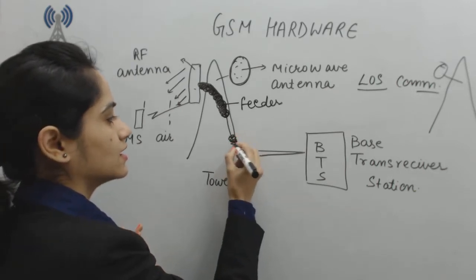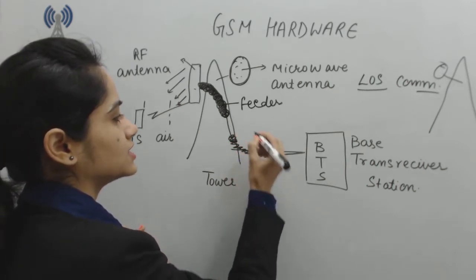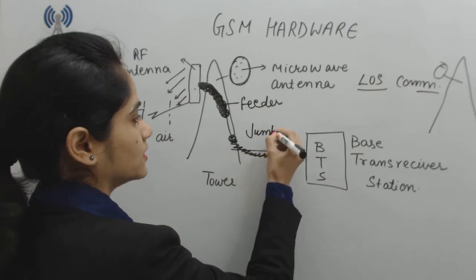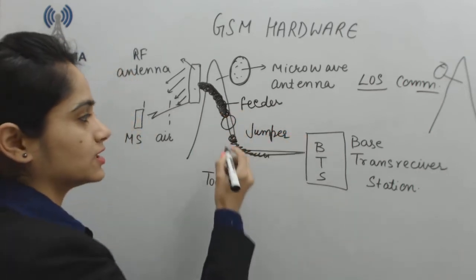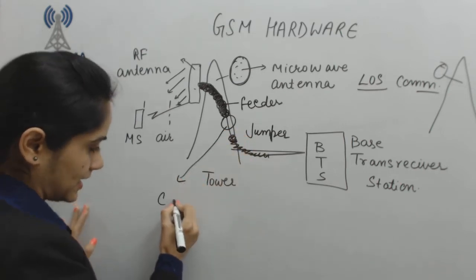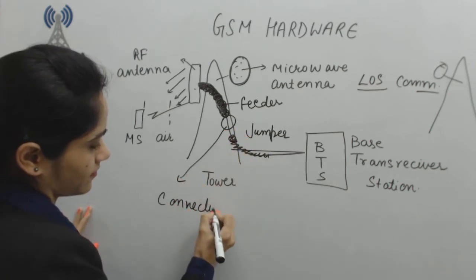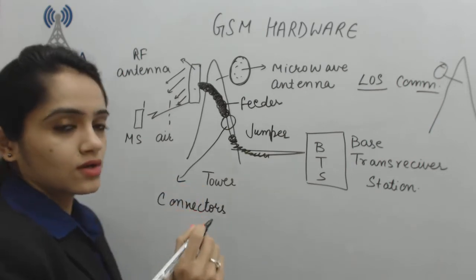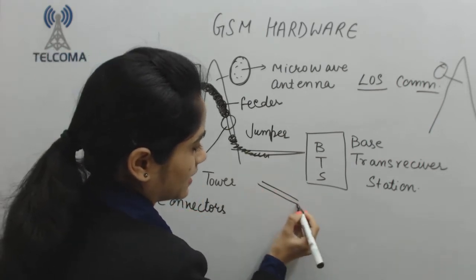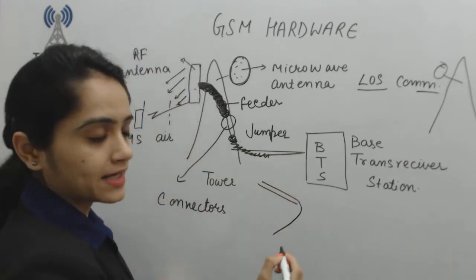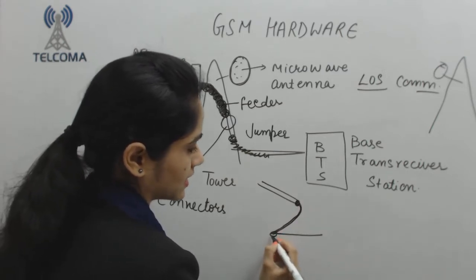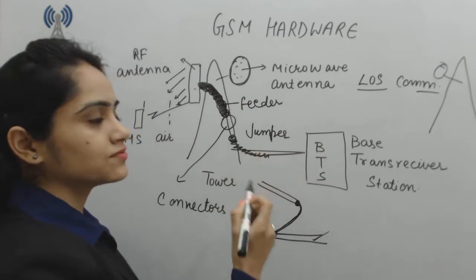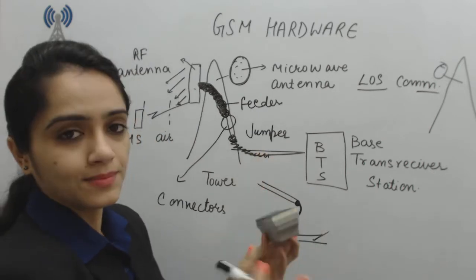So we require a thinner wire in between, which is my jumper wire. And how do we connect the feeder and the jumper wire together? With the help of some connectors. As the feeder is a thick wire, we require to bend it, so we use connectors, then the jumper wire, then again connectors, then the feeder wire, because we have to make the connection with the BTS.